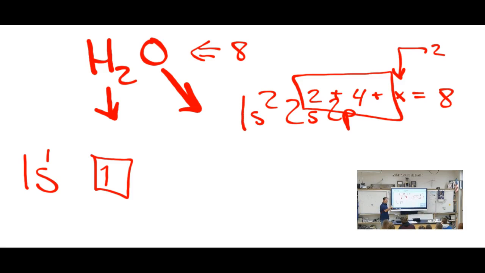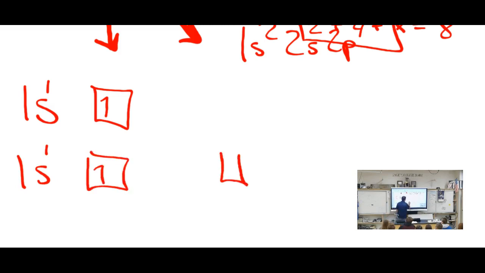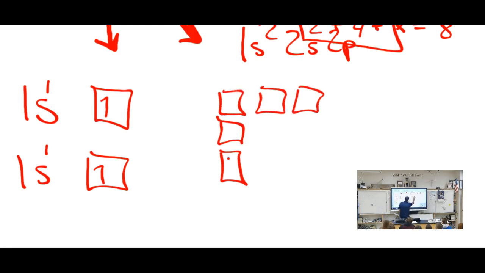So if oxygen and hydrogen were to hang out, they only hang out in one way. You need 2 of these 1s1 and 1 of these. This is oxygen: 1s2, 2s2, 2p4. 1, 2, 3, 4. You with me?